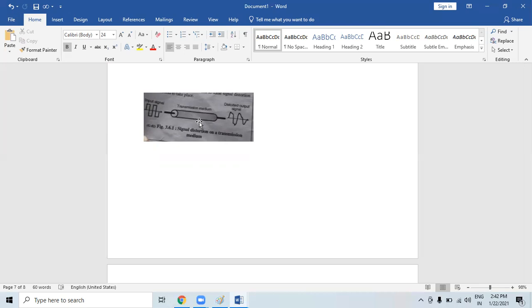Frequency spectrum is nothing but a description of the signal. It may pass some frequencies and weaken or block the others. Hence, when a composite signal is passed over such a transmission medium, at the receiving end we get a wave having a different shape. This we can see in this figure.